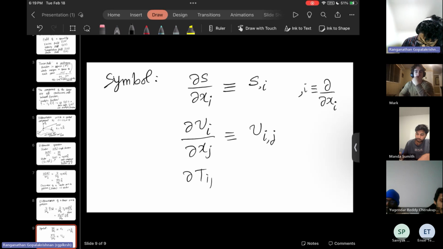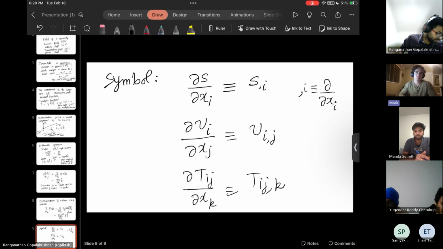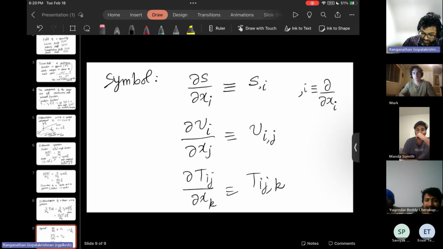And partial Tij with respect to xk may be written as Tij comma k. Just a shorthand notation. We'll use this moving forward.